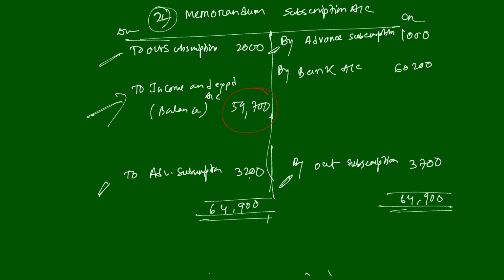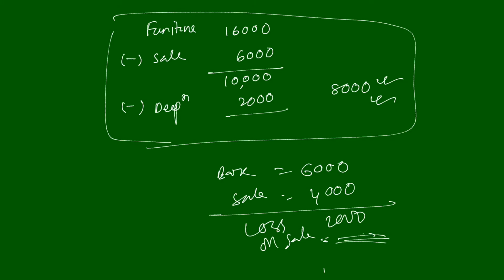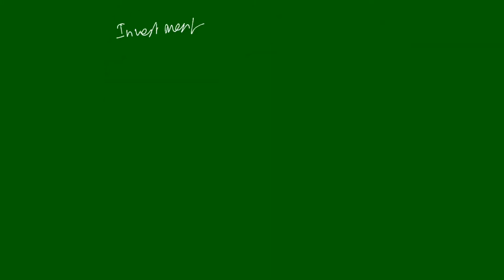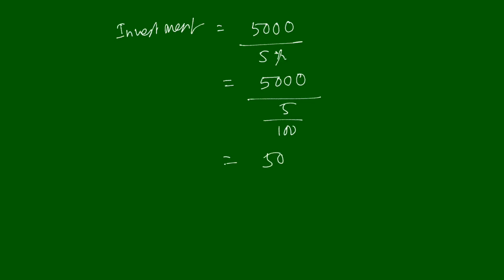So that investment interest is 5,000. What is the percent? It is 5%. You divide that 5,000 by 5%, then you get the full value. 5 by 100, 5,000 into 100 divided by 5.